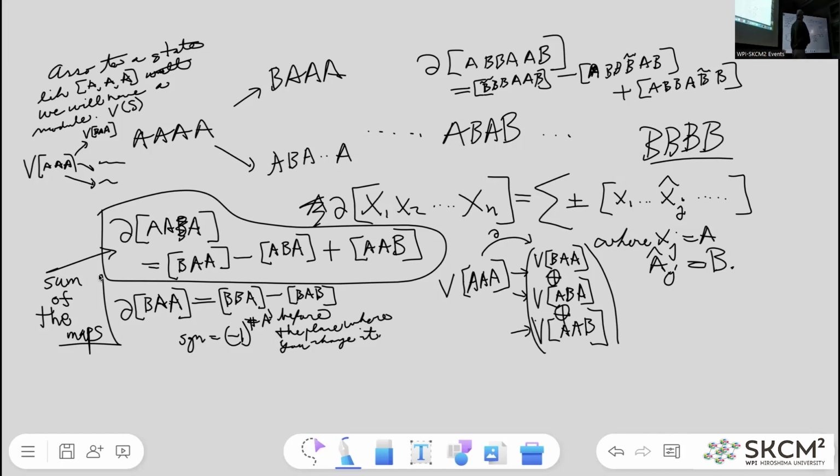And if you can compose twice to get zero, then you can measure the kernel of that divided by the image of that. And that's homology. So you end up finding a way to measure homology with regard to the states in that way. That's what Kauffman figured out how to do. And that's called Kauffman homology.